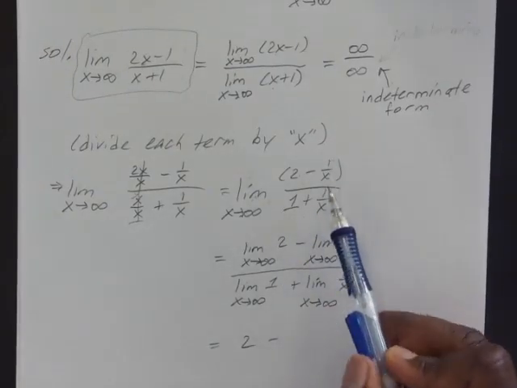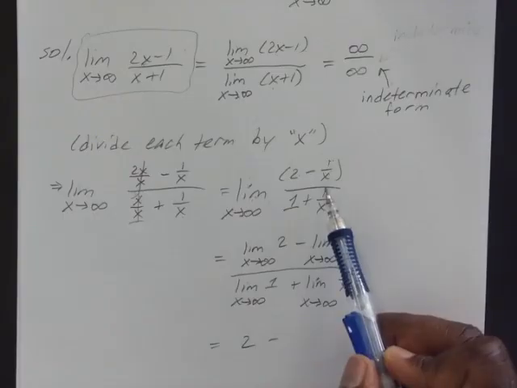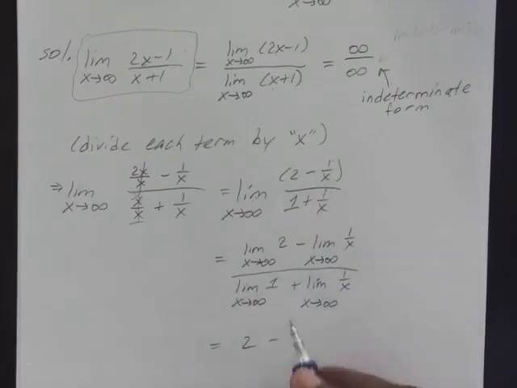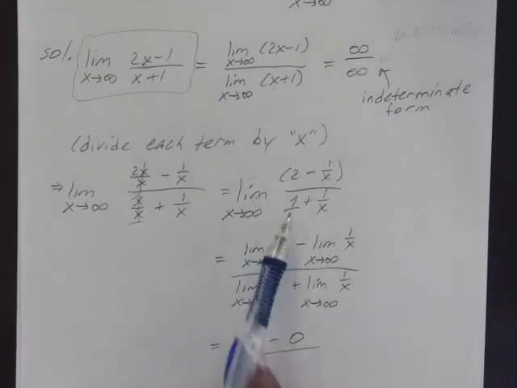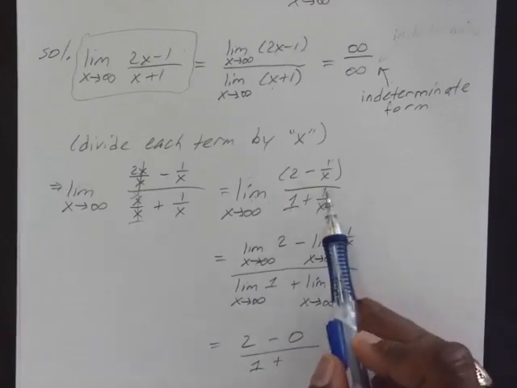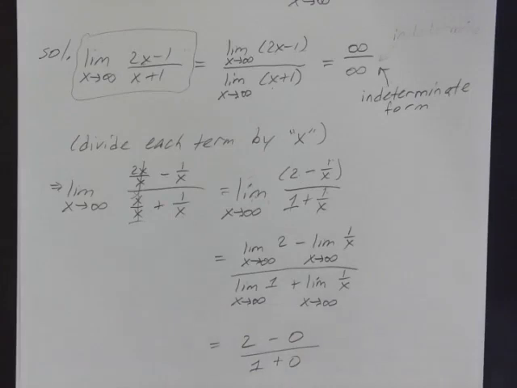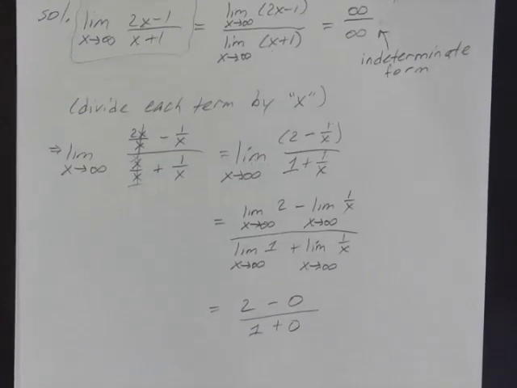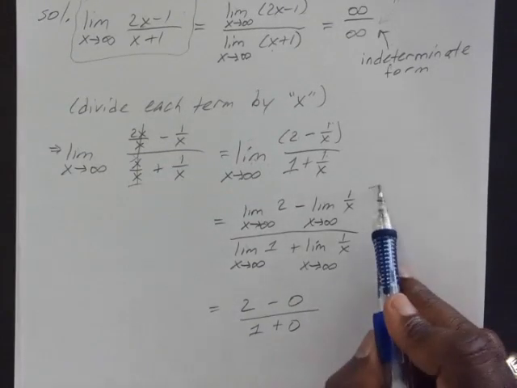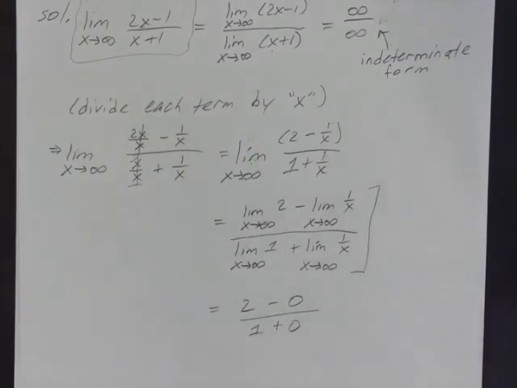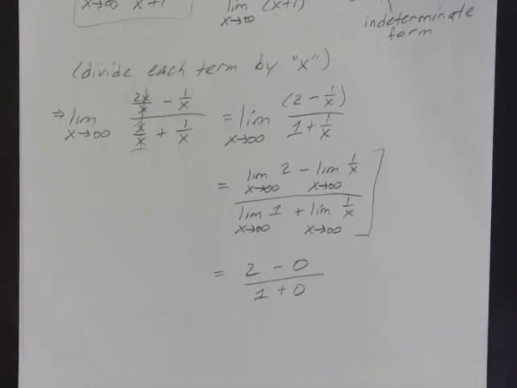Again, a constant divided by a number getting bigger and bigger is always going to have a limit of 0. Divided by the limit of 1, which is just 1, plus the limit of a constant divided by a number getting bigger and bigger, which is 0. Like I said, this is good for showing why you can skip it, but you can really skip it. So that gives us 2 over 1, or just 2.